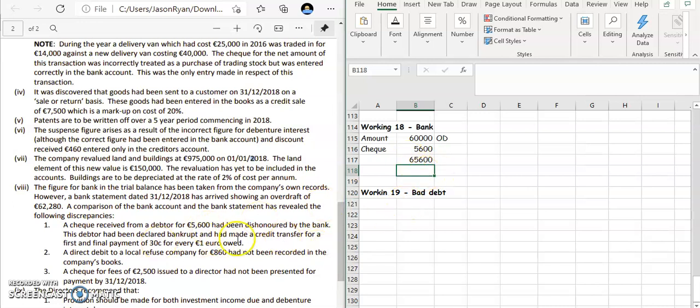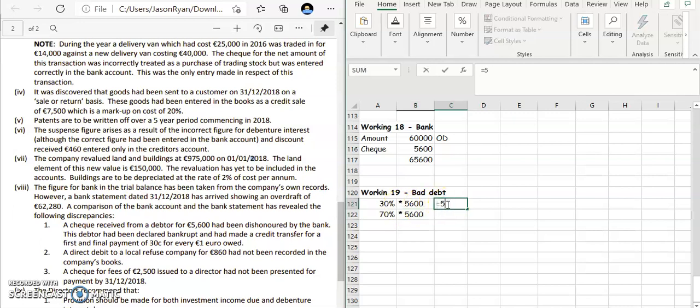Then our bad debt. We've got 30% of 5,600. That's how much we received. Then you've got 70% of 5,600. That's how much actually is the bad debt.